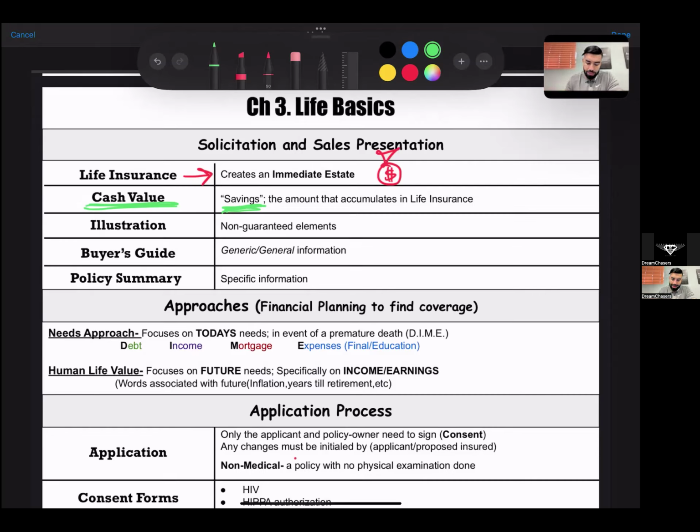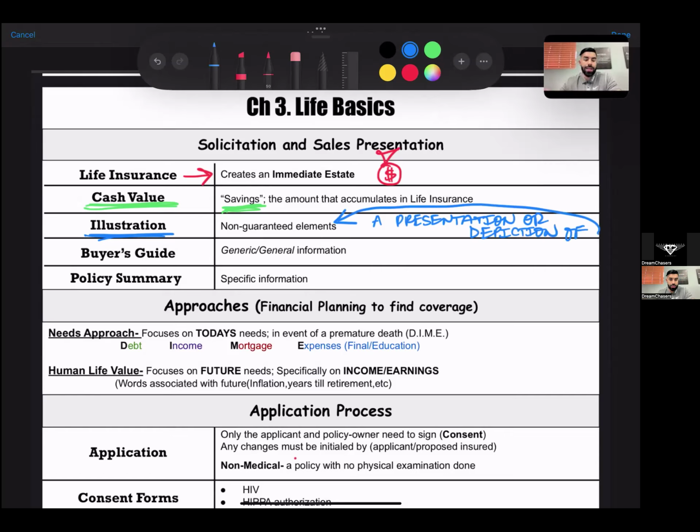Okay. Next is an illustration. So, an illustration, it is a presentation or depiction of non-guaranteed elements of a policy.